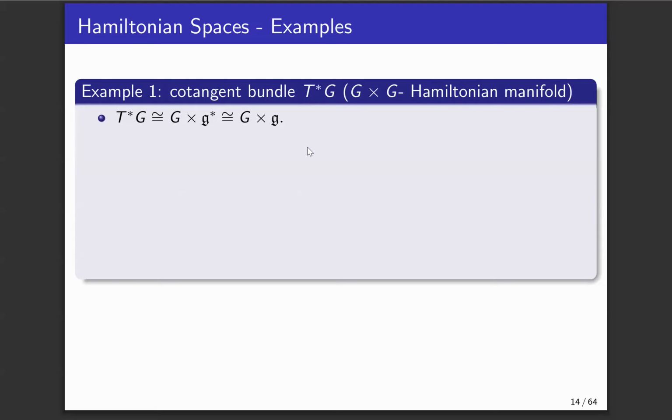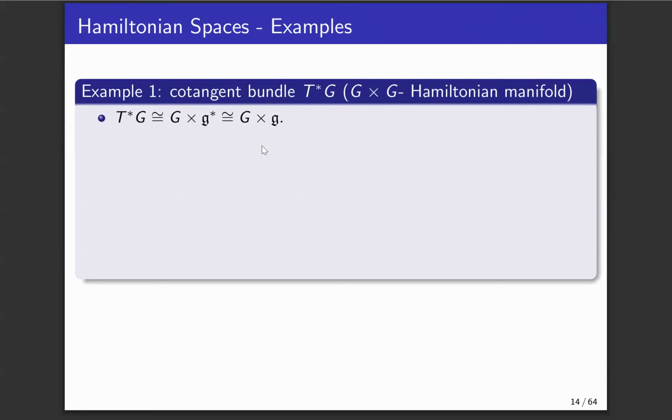And before this, since G is compact, we can define a scalar product on the Lie algebra of the Lie group, and this scalar product is invariant under the adjoint action of G. Using this scalar product, we can identify the cotangent bundle of the Lie group with G times the dual of the Lie algebra, which is also identified with G times the Lie algebra itself.